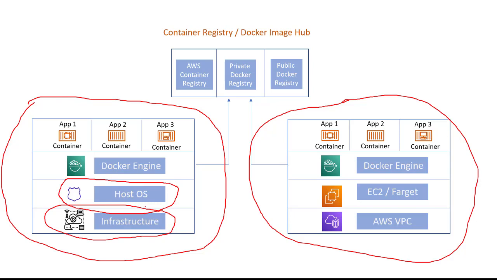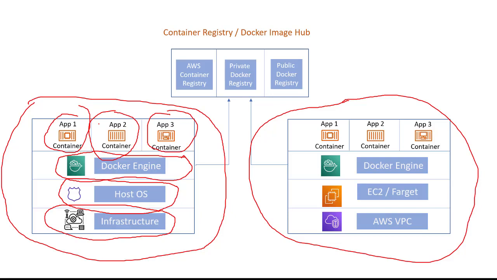On top of Windows or Linux, you install the Docker engine. The Docker engine is just like an application you can install on top of the operating system, and then you can run whatever containers you want on top of this engine. So this is the architecture of the traditional Docker environment we have.